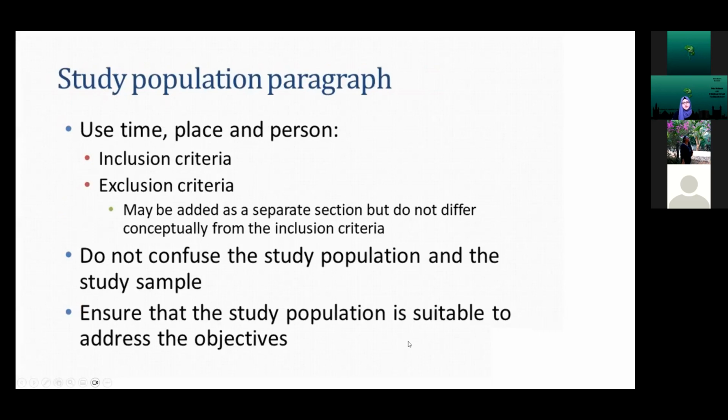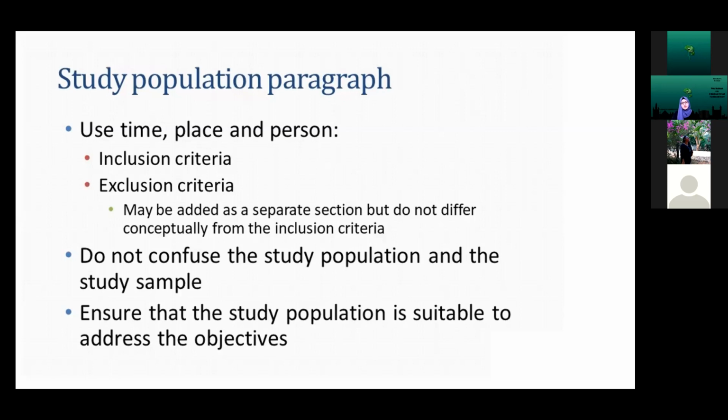Then the study population paragraph comes next. It uses the time, place, and person. So you define what is the inclusion criteria, what is the exclusion criteria, what is the geographical distribution of your study population. Then various aspects like from where you are going to take those patients, all those details are included in this heading. Then never confuse the study population and the study sample.